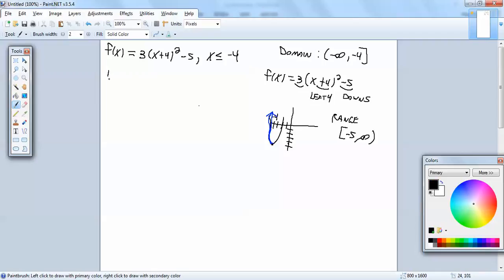Okay, well, let's go through our steps. Step 1, replace f of x with y. Step 2, interchange x and y. So we've got x is equal to 3 times (y plus 4) squared minus 5. Step 3 is solve for y. So I take the negative 5 over, becomes a positive 5.